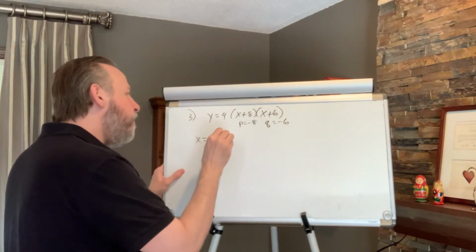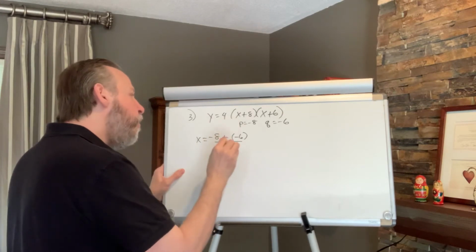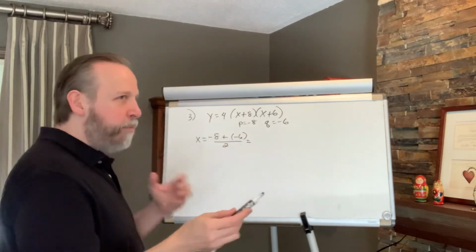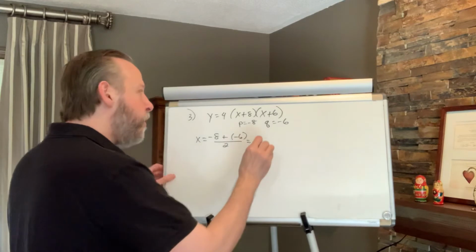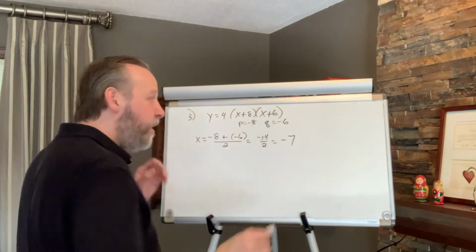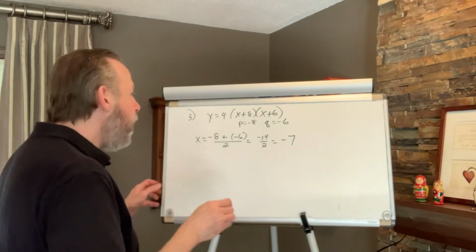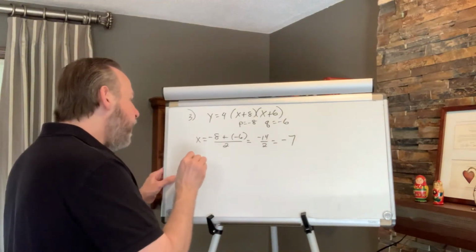We add -8 plus -6 over 2. -8 plus -6 more is -14 over 2, which, not a surprise, is -7. So the x value of the vertex, -7. And then we plug it in to find out what y is going to be.